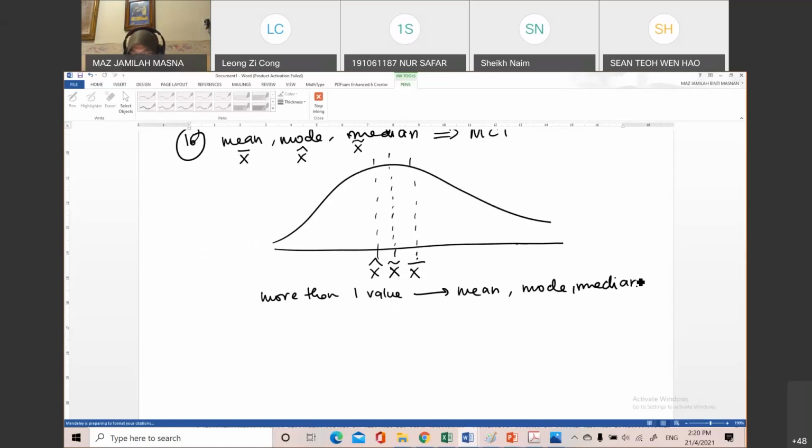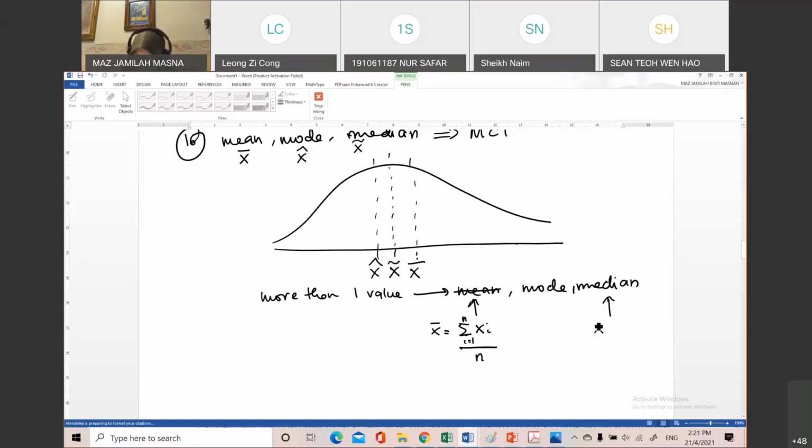No. Because when we wish to calculate the mean, we are going to sum all the xi values where i will be from 1 until n, and this summation will be divided by the number of samples. Definitely there will be one value. Okay, the same goes to the median.